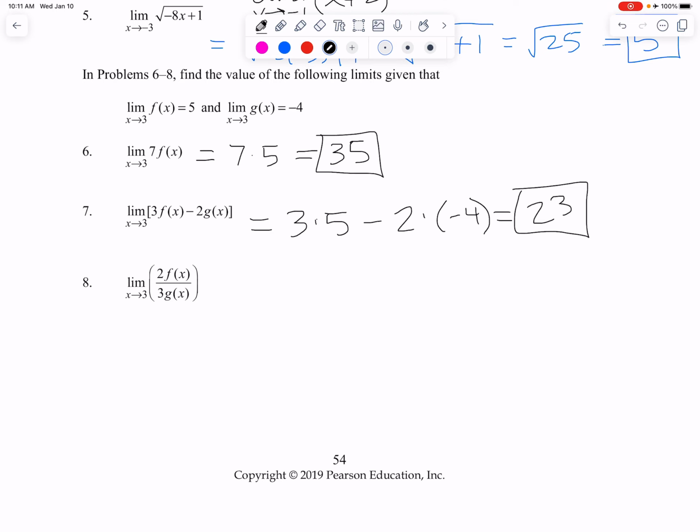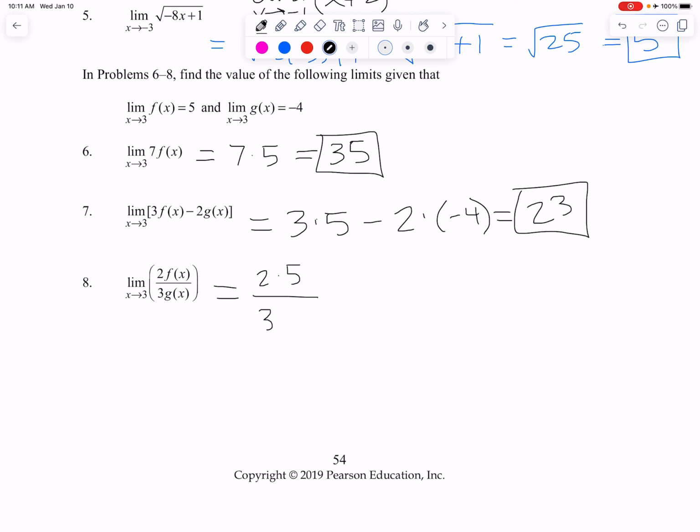Okay. Next we have the limit of 2 times f of x over 3 times g of x as x goes to 3. So on the top, we can pull the 2 out front. The limit of f of x as x goes to 3 is 5.